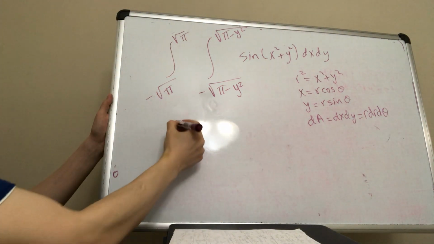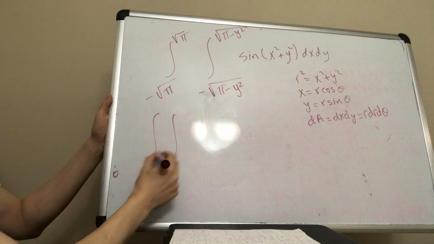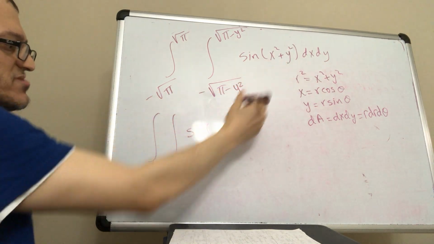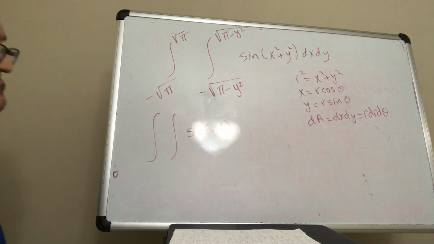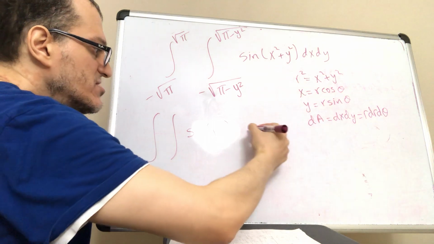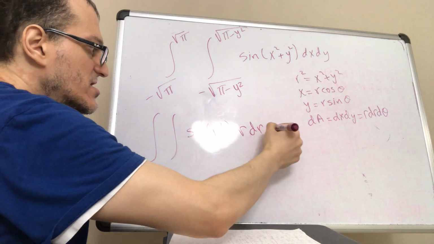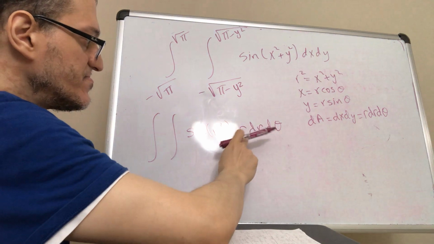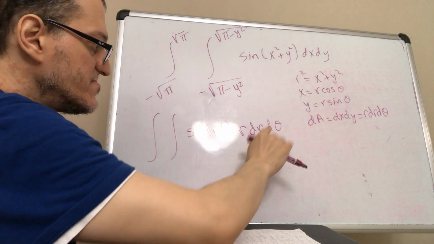So we make the switch. So we start with sine. This plus this becomes r squared. Dx dy becomes r dr d theta. We need radius first.